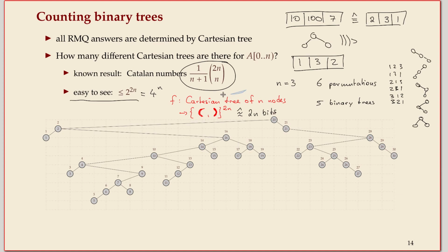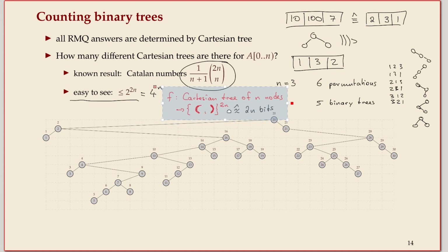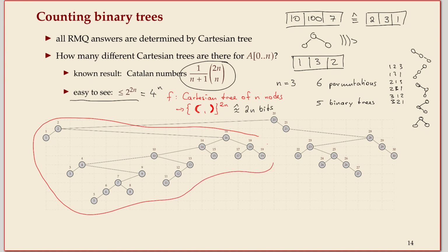What remains to be done is to find this function that maps trees to these weird parenthesis strings. And the way we'll do this is a recursive decomposition. We'll start at the root node. We will take its entire left subtree, and we will apply the function f to this entire subtree.